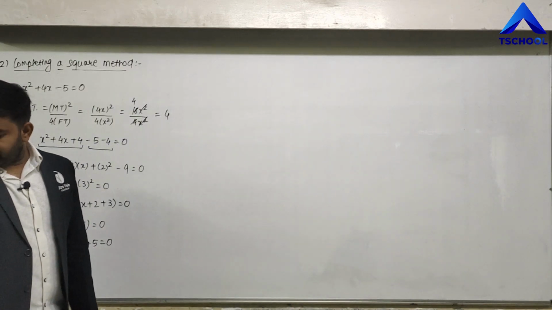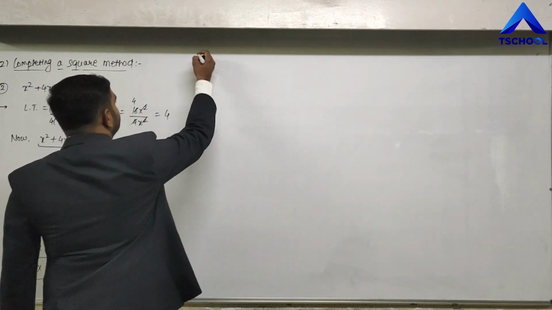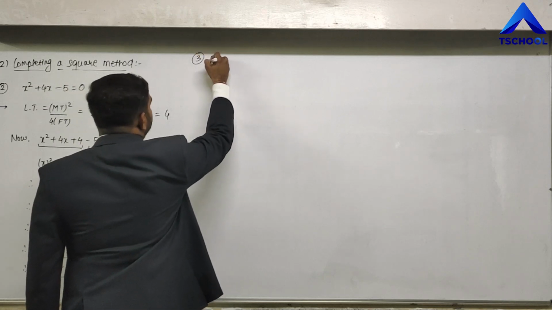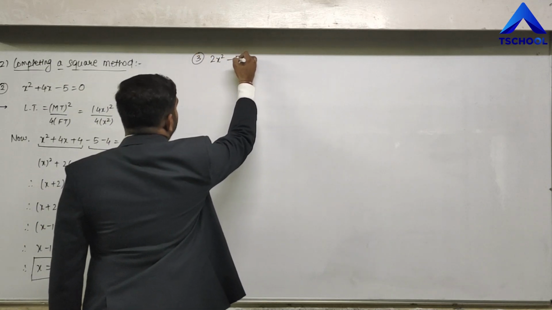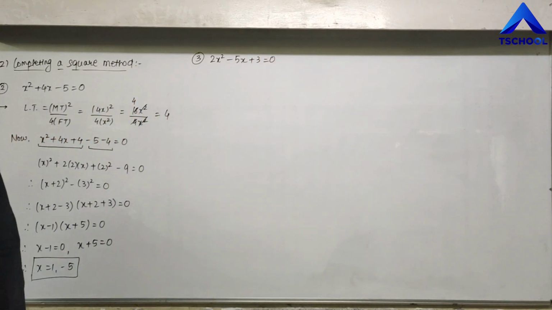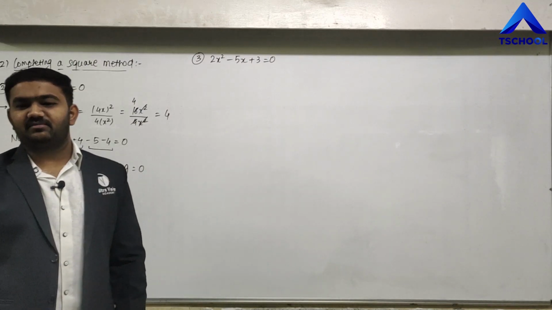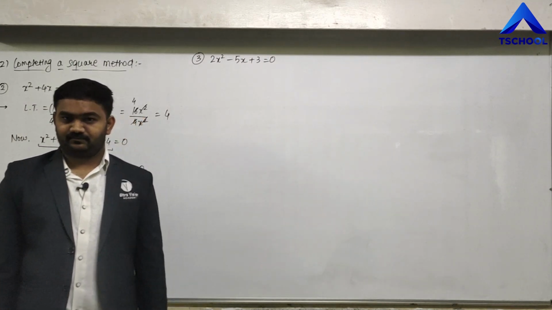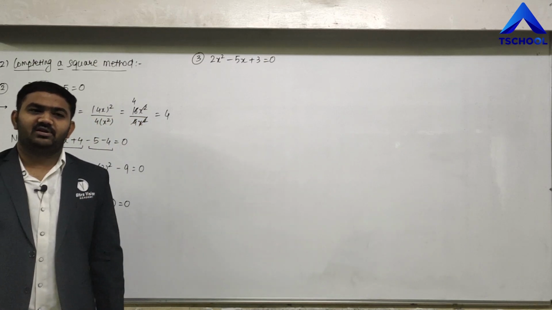One more example I am having here is 2x square minus 5x plus 3 is equal to 0, right? Now you can clearly observe that as we discussed in step number 1, the first term must be a perfect square, but here the first term is not a perfect square.